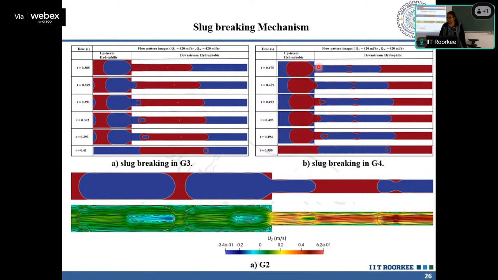We have done the simulation for G3 also, that is hydrophobic. But in this case, the viscous media forms the slug, and these disturbance waves are not observed.